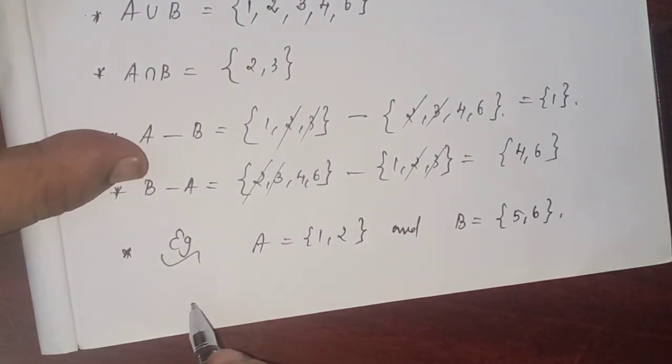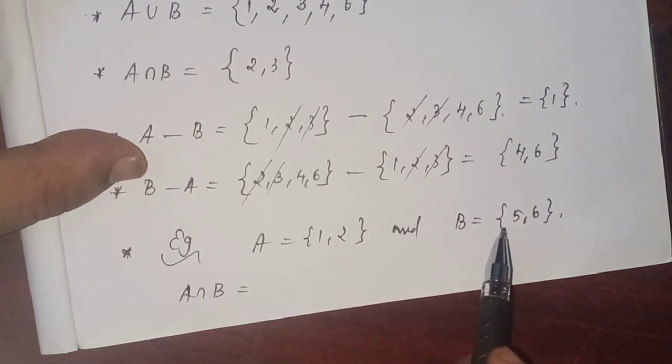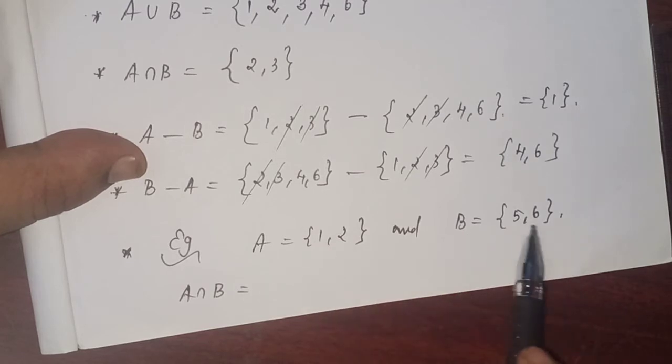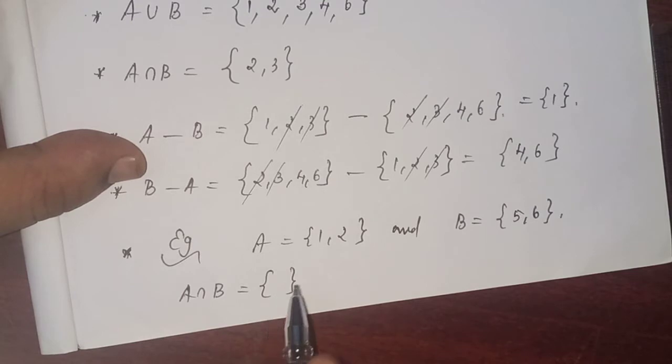You are asked to find A intersection B. Already told you, whenever the intersection comes, you have to write the common elements of the sets A and B. Here we have 2 elements, 1 and 2. Here we have 2 elements, 5 and 6. But nothing is common. In that case, you have to mention it's an example of an empty set. An empty set can also be represented in another way. These are empty sets only.